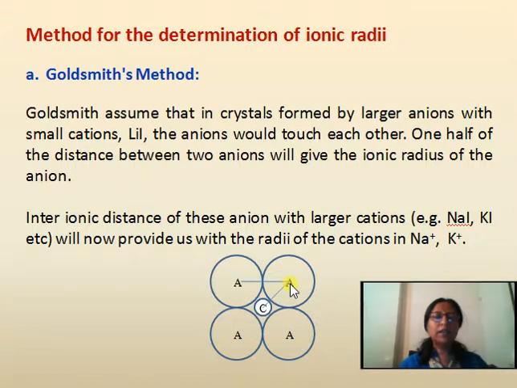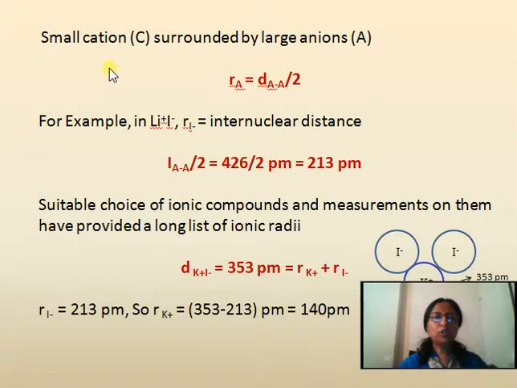So this method is an indirect method, and with the help of this method we can get the ionic radii value for many cations. So for a small cation surrounded by large anion A, Ra, that means the radius of the anion, is equal to daa divided by 2. This is the distance between two A minus ions.